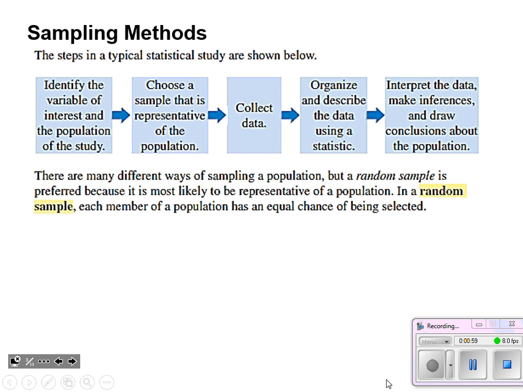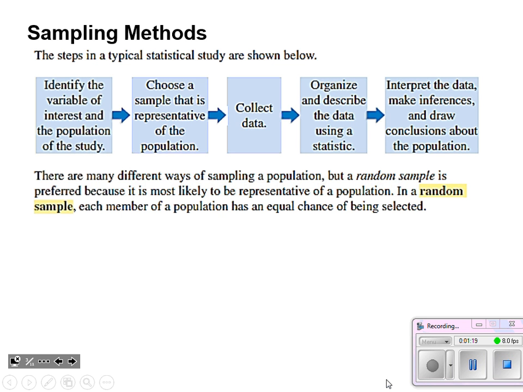A lot of times when you see a survey or some type of data or statistics that come out on a certain topic, it's based off of a study or some type of sampling survey. It's important to know how those surveys can occur.